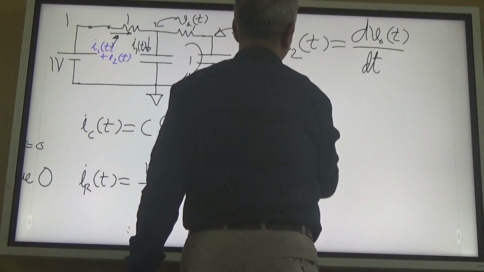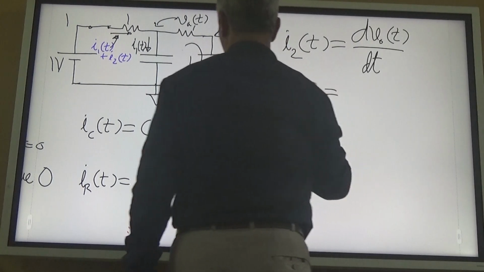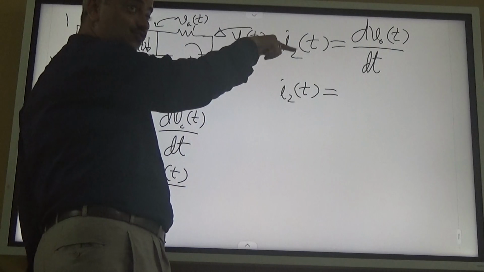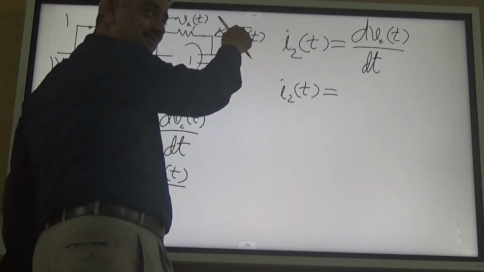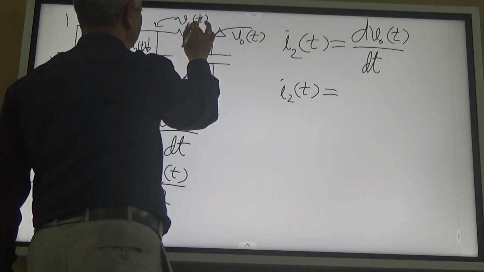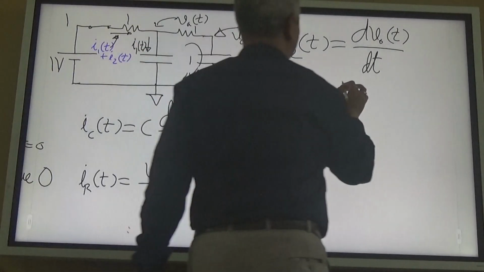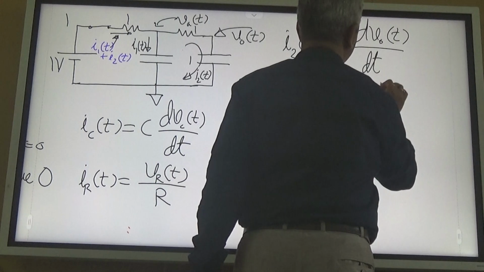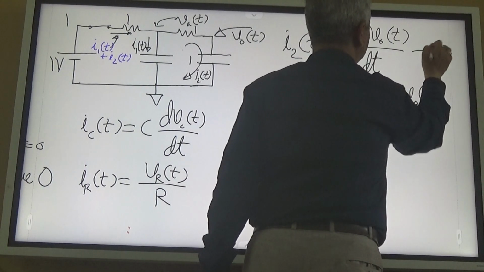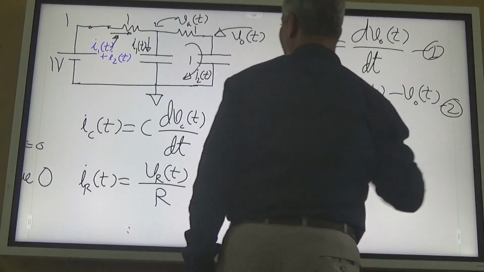I2T is equal to voltage upon the resistance. I have to measure the voltage, this minus this, and the resistance is 1. So it is VAT minus VO. This is equation 1, this is equation 2.